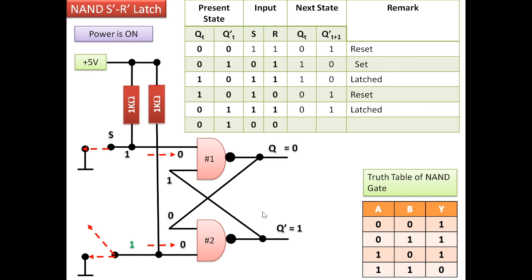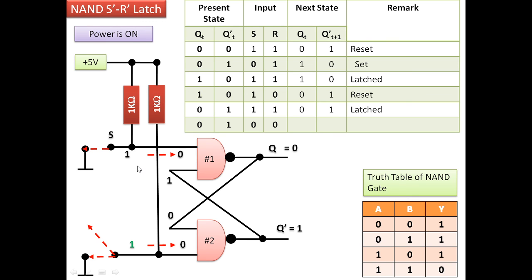So whenever one of the NAND gate input is 0, the output will be 1. As it is evident from the truth table of the NAND gate, whenever there is a 0 at any one of the input, the output is 1, else it is 0. That is, when both the inputs are high, the output will be 0.